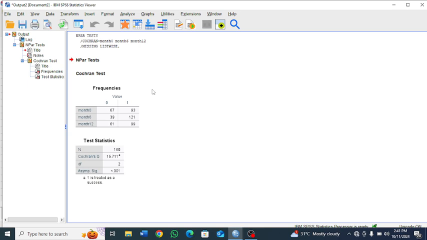So these are the results. You can see the summary. These are the frequencies of the responses. From 0 for baseline, month 0, no, we have 67. Then yes, we have 93. At month 6, the no's have reduced to 39, and the yes have increased to 121.